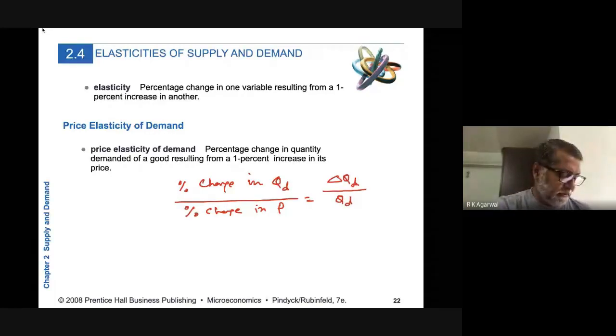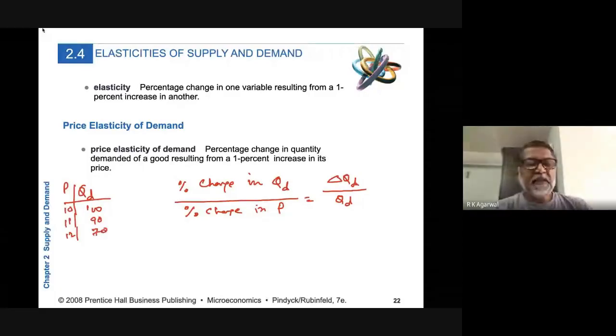For example, here we have quantity demanded and here we have price. Price is 10, 11, 12, etc., and the demand is 100, 90, 70, and so on. When price goes up from 10 to 11, by how much does quantity demanded fall? It falls by 10 units.